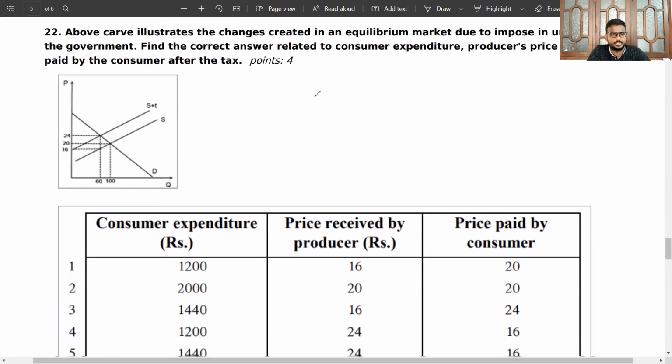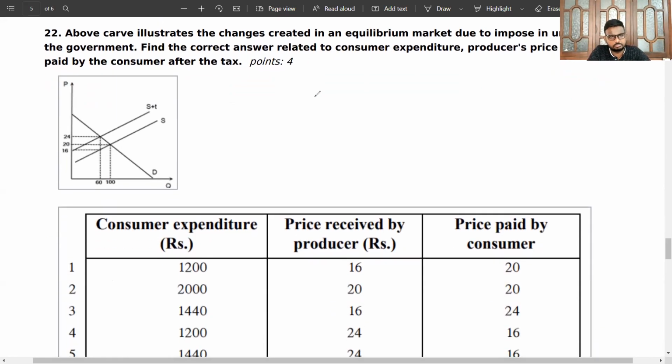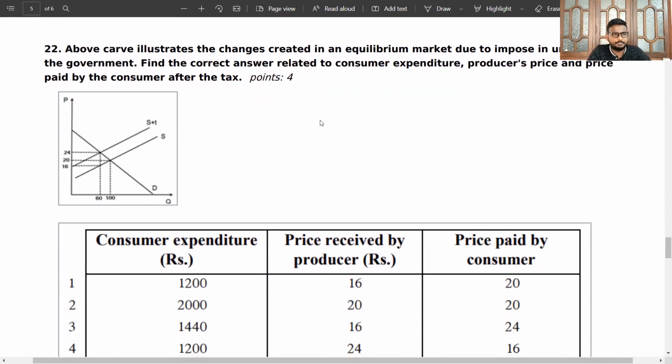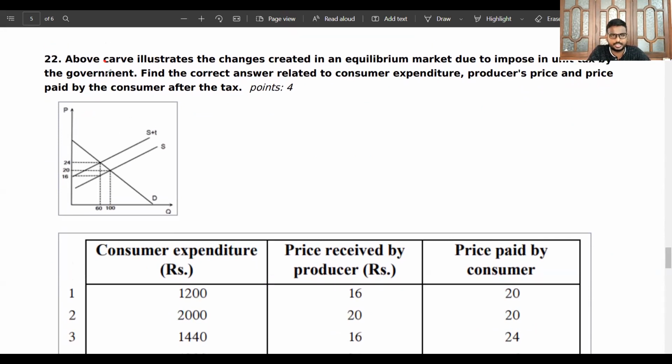22nd question, again, another tax or subsidy related question. We'll see what this is. The above graph illustrates the changes created in an equilibrium market due to imposition of a unit tax by the government. Find the correct answer related to consumer expenditure, producer price, and price paid by the consumer after tax.